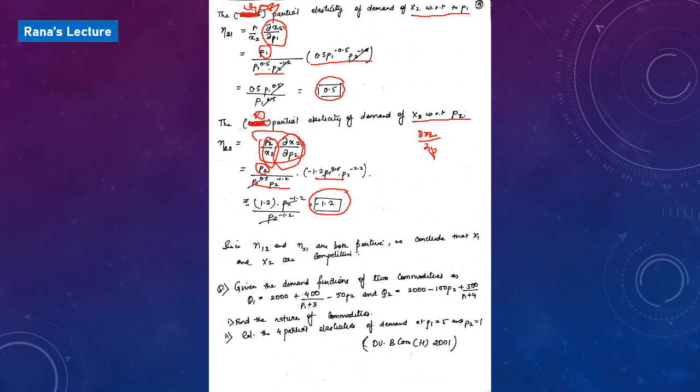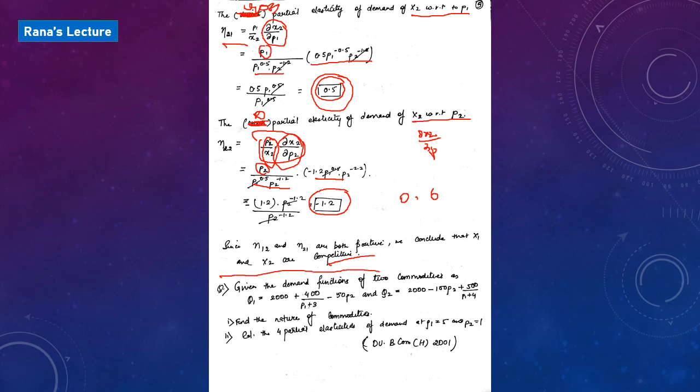Since this eta 2, 1 is 0.5 and eta 1, 2, what was the answer for that? 0.6, right? These both are positive, so they are competitive goods. Okay, we did the test in the previous slides for competitive and substitute goods.